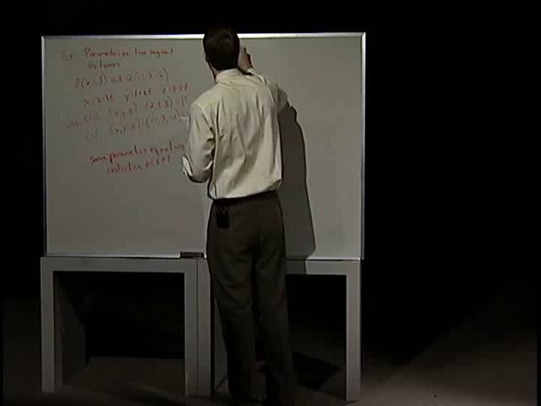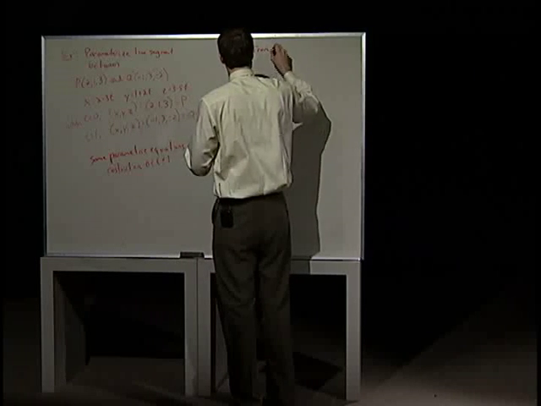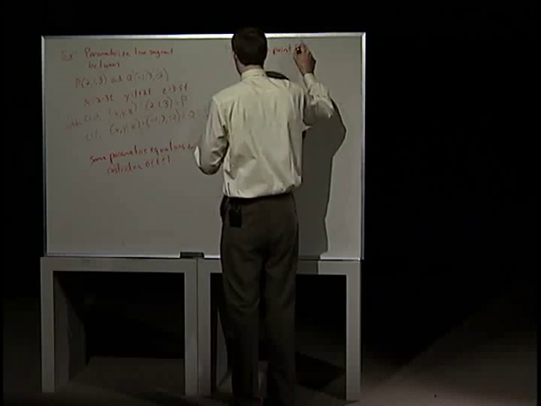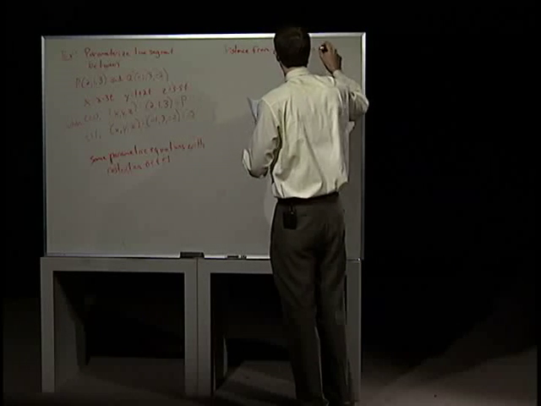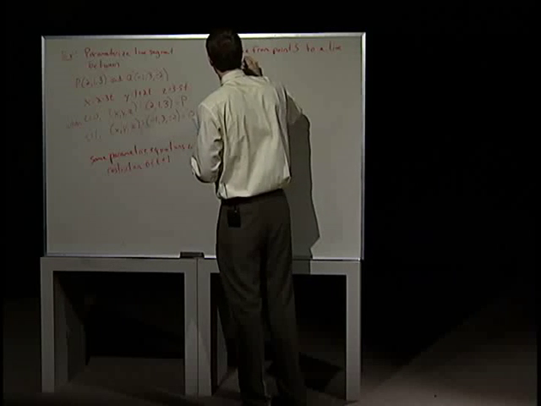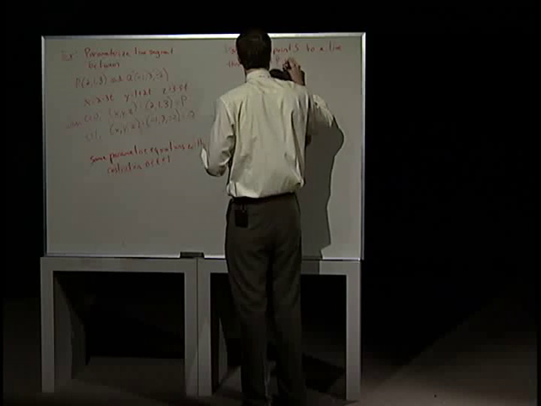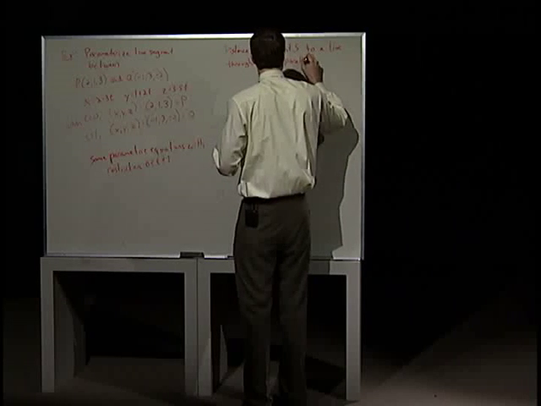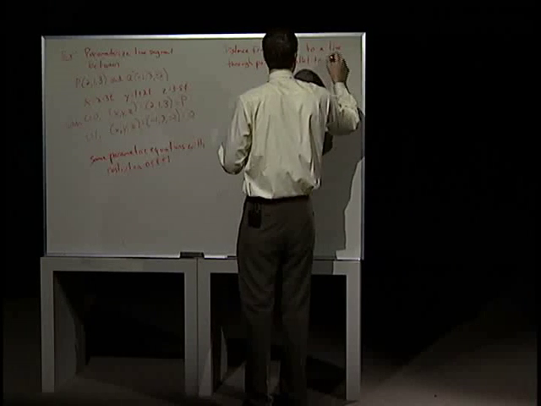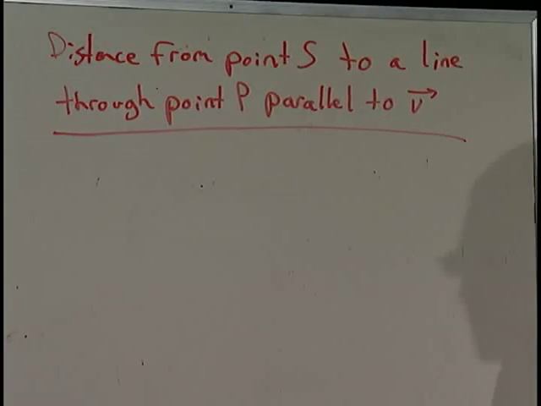Let's talk about, here's a mouthful, distance from a point S to a line that goes through point P parallel to vector V. That's a lot of writing, but what is it saying?